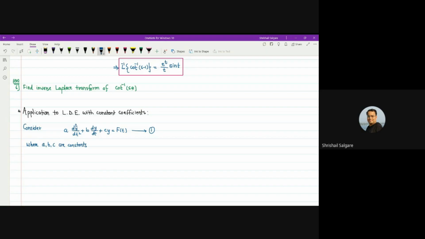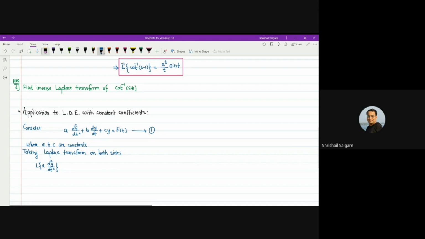So here we can use Laplace and inverse as an operator to find the solution. So taking Laplace transform on both sides. Means first, by linearity property, I will write L into a d2y by dt square, or we can write that a outside directly.